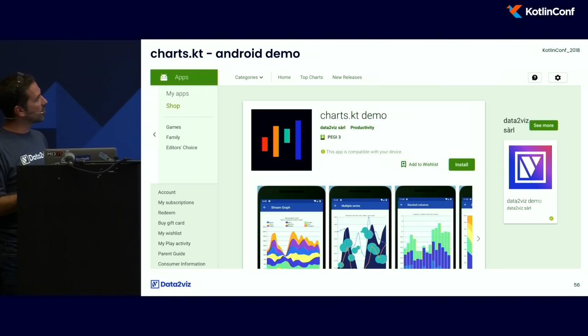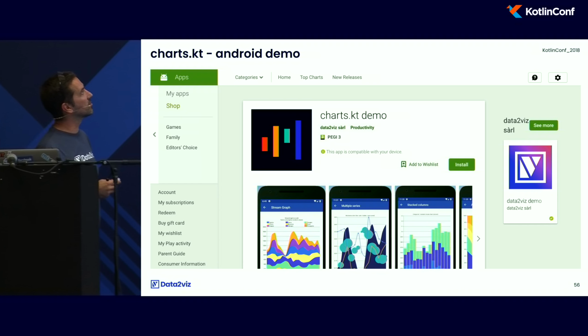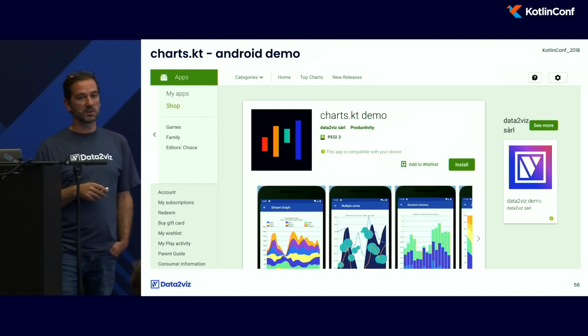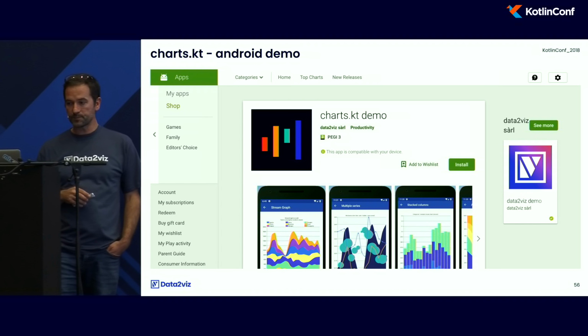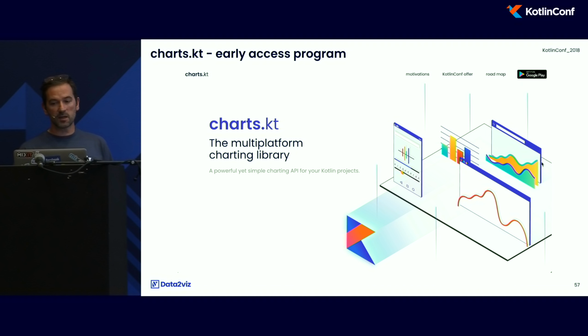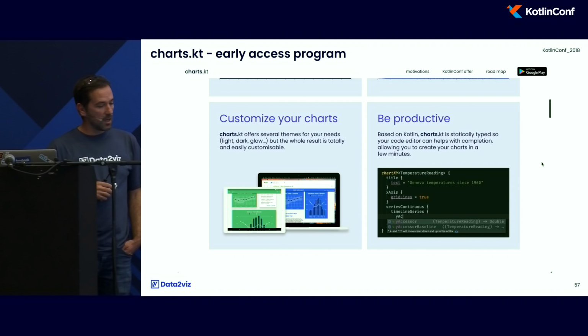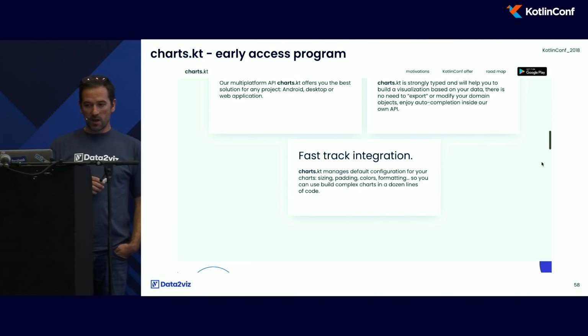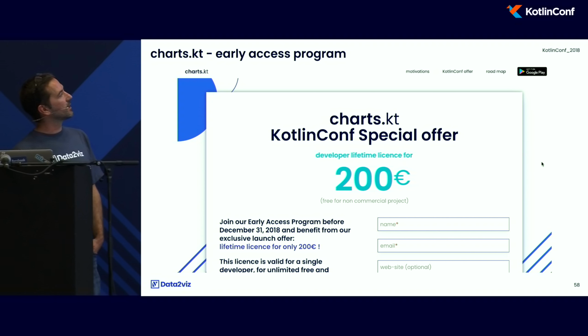We have a demo which is online, so you can go on the Play Store and load it, and there you will see all the kinds of charts you can do with this library. And we created a special site for it, chartscatted.io, and there you will have access.